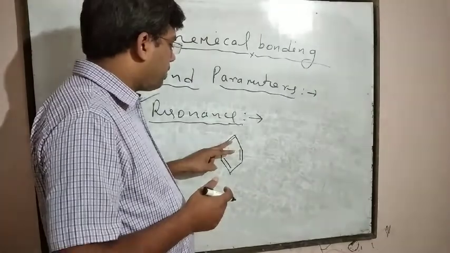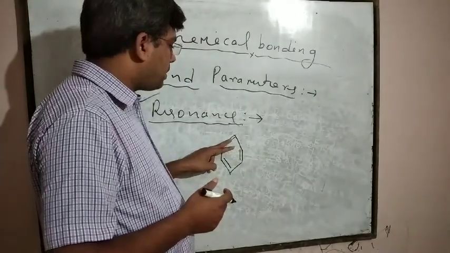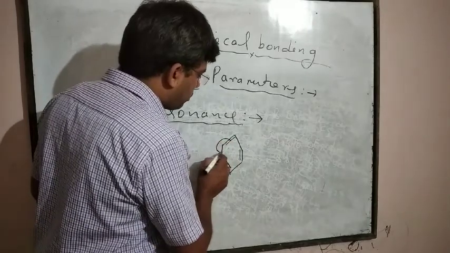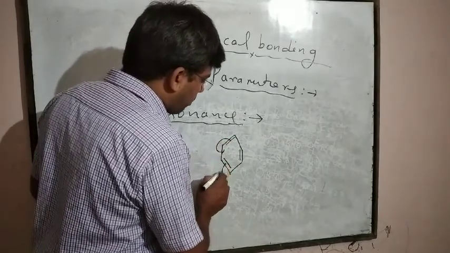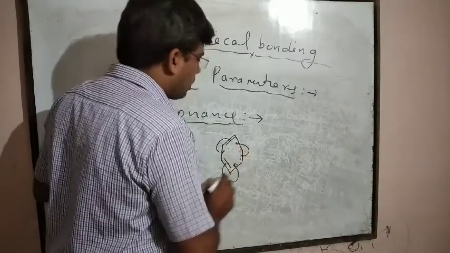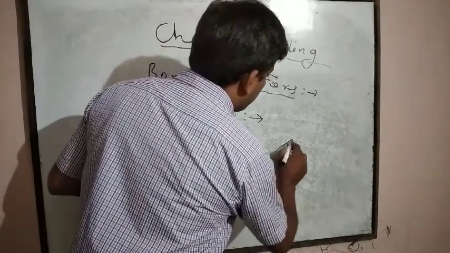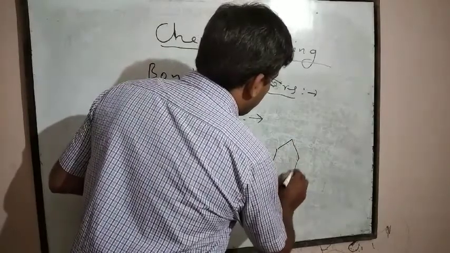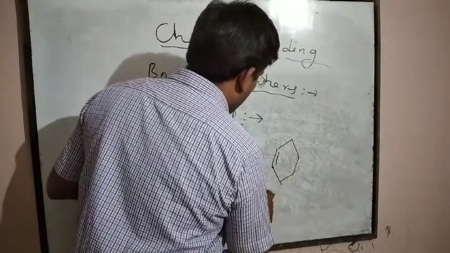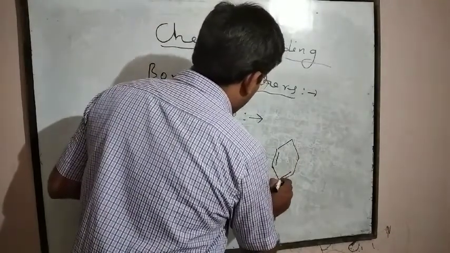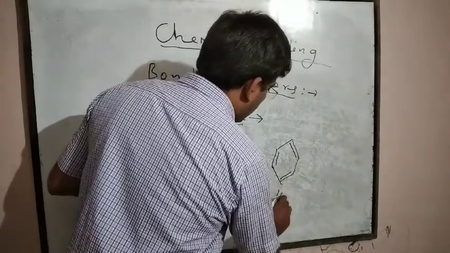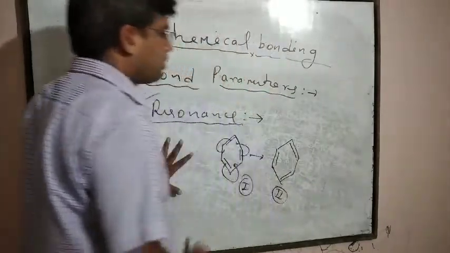Here, shifting of bond takes place from one place to another: the pi bond shifts from this place to this place, and so on for all three. This one is the first form and this one is the second form.